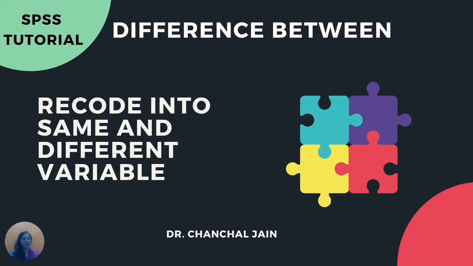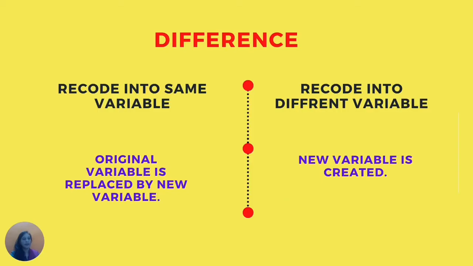So starting with the first option, that is recode into the same variable. The name itself is explaining it: we are replacing the original variable with a new variable. We are wholly creating a new variable in place of the original variable, meaning we are destroying the original one and creating the new one.